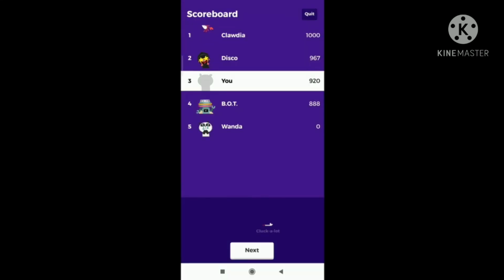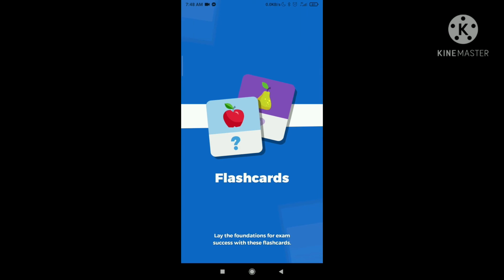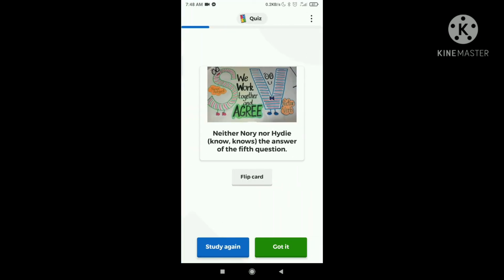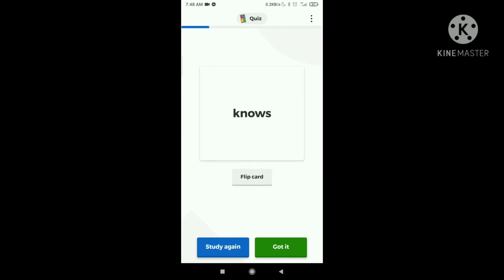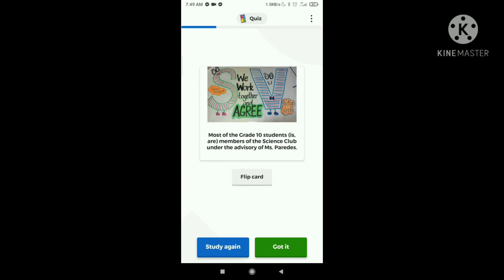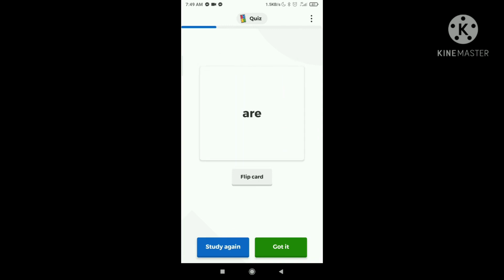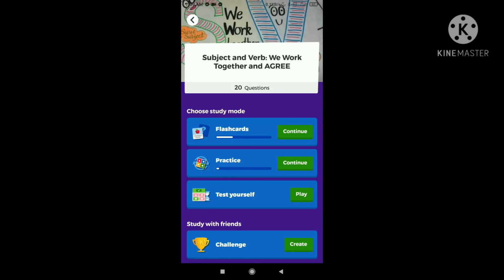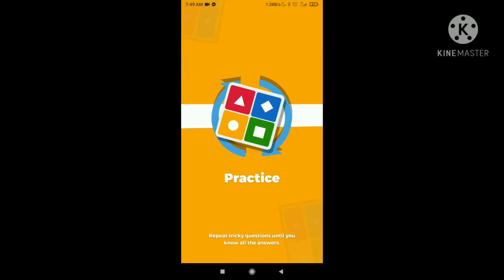Transparency is an advantage of the activity because the teacher can monitor the student with the highest score or the highest rank, just like in other non-educational games. If the students want to review their answers, they can click flashcards. This feature of the app enables students to review the correct answer for each item. Another feature is practice.